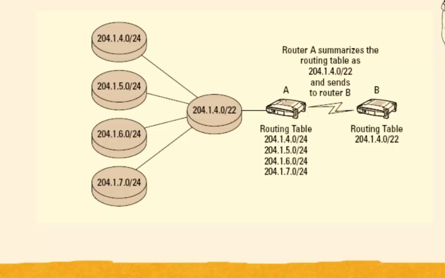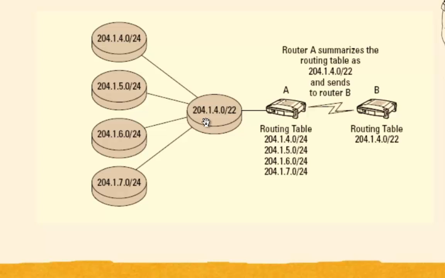Route summarization is also known as supernetting, aggregated addressing, and summary addressing. Any of those terms mean the same thing. What route summarization is, is the act of taking multiple network segments, as we see here, and summarizing their routes into one route that we advertise out to the rest of the network.